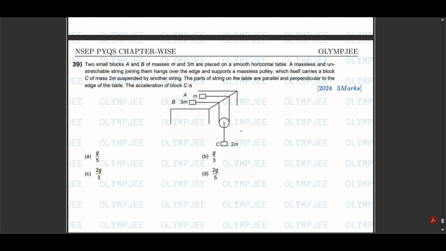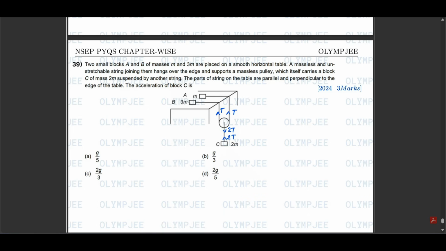Okay, so here we need to understand two things, that if this tension is T and this tension is T, then this tension needs to be 2T, right? Because this pulley is massless and the net external force on it should be 0.